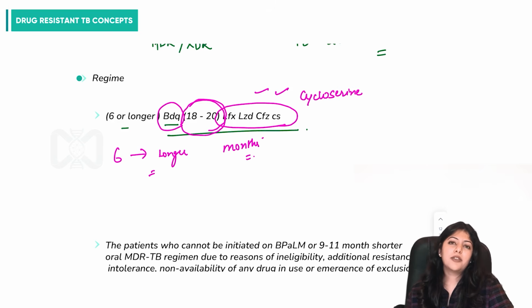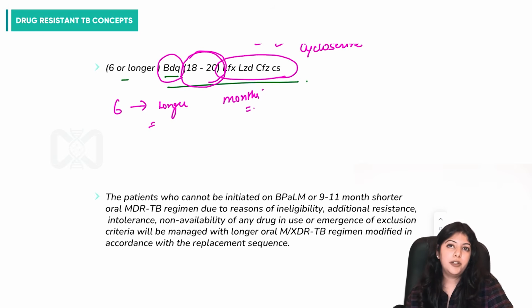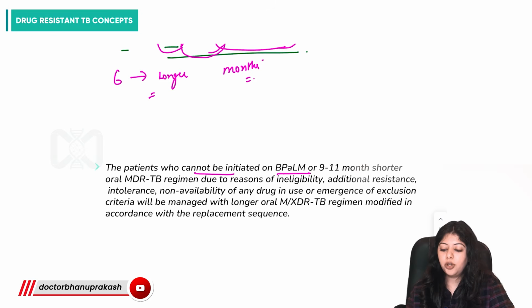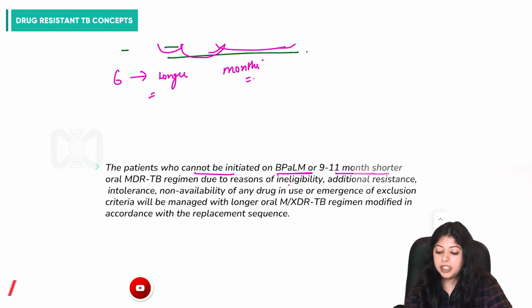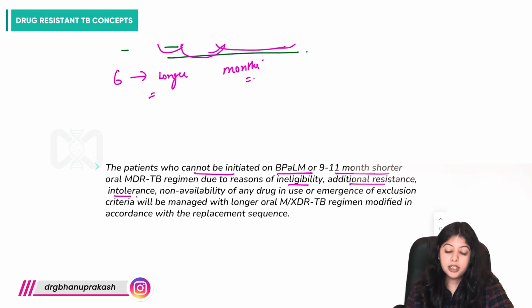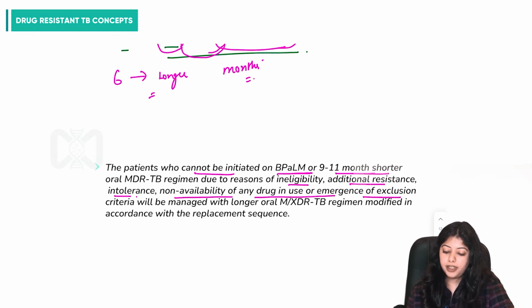So why are we considering this longer oral MDR or XDR regime? It is for patients who cannot be initiated on BPaLM or the 9 to 11 months shorter oral MDR regime for any reason. It can be ineligibility, an additional resistance pattern seen in the patient, intolerance to certain groups of drugs, non-availability of any of the drugs in use, or emergence of exclusion criteria.